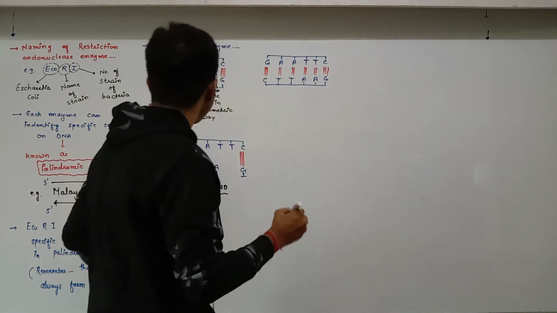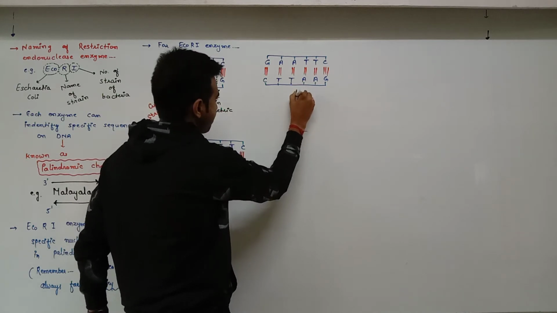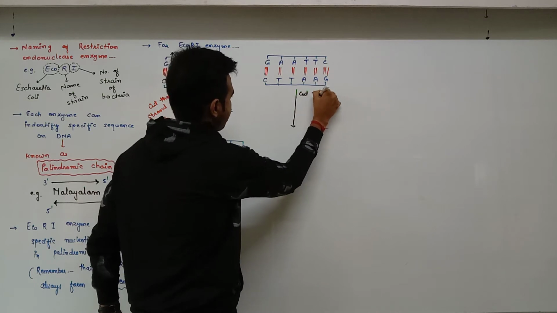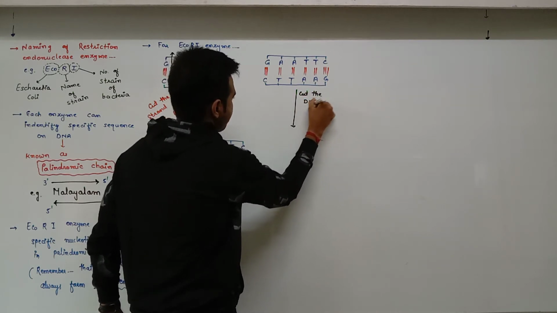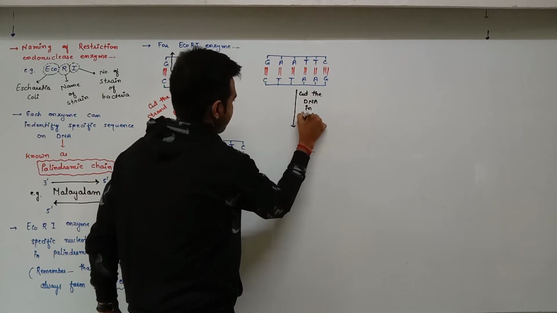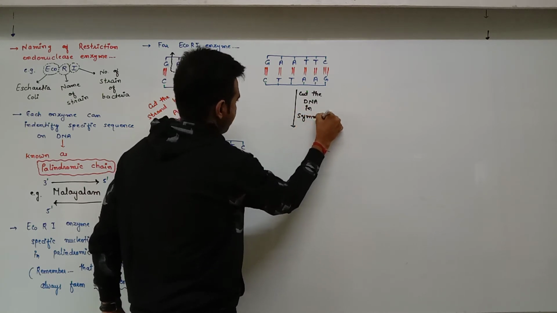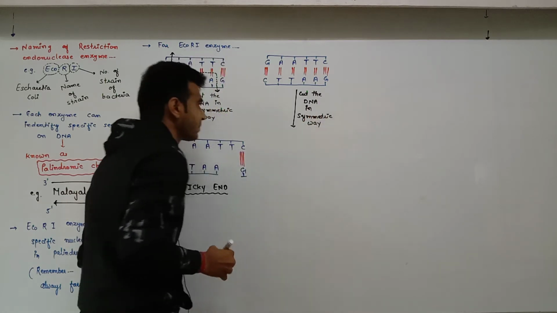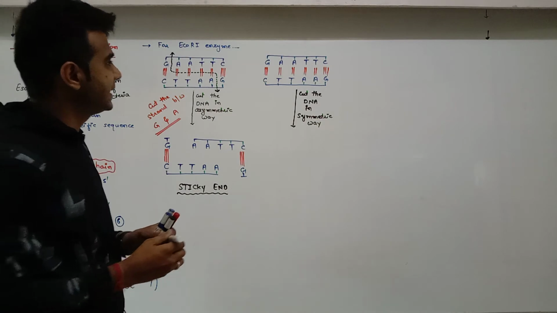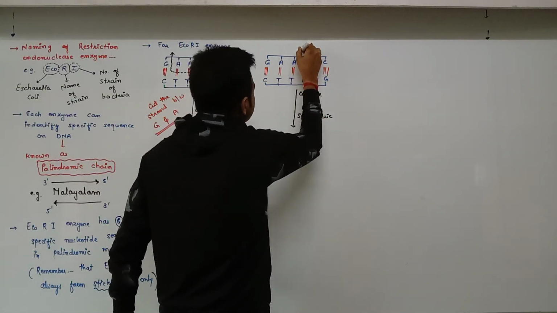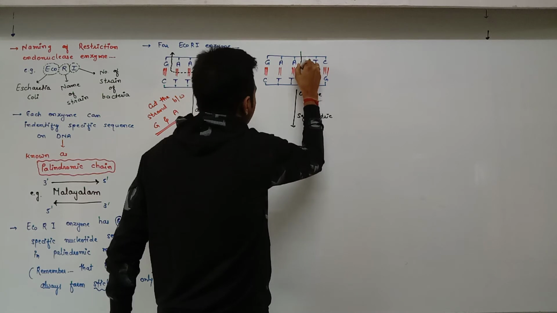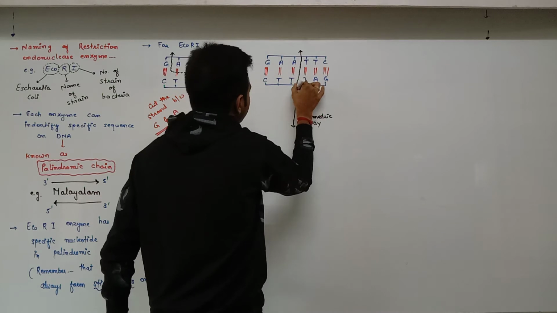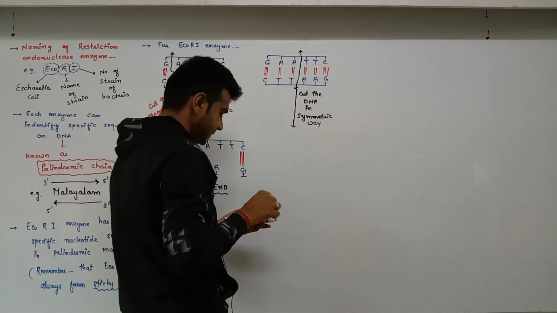See. If it cut the DNA in a symmetric way. So please now see here the dotted line in between T and A. Now what happened?